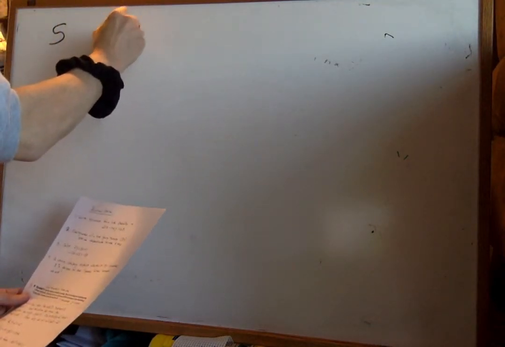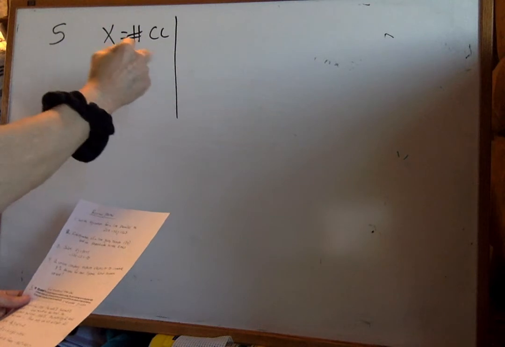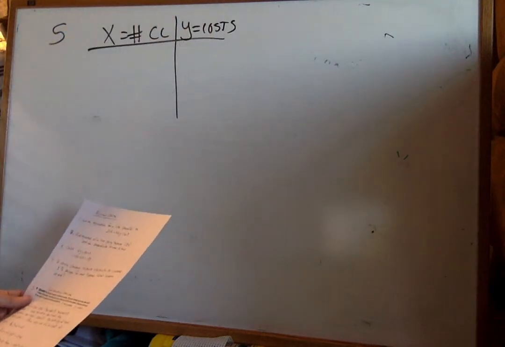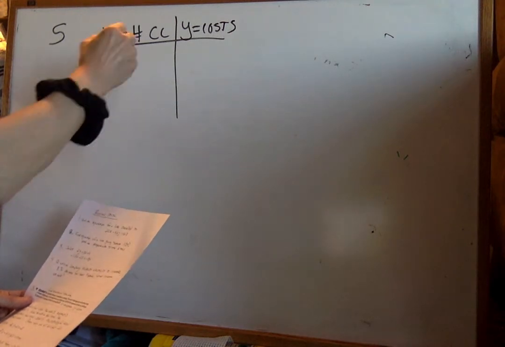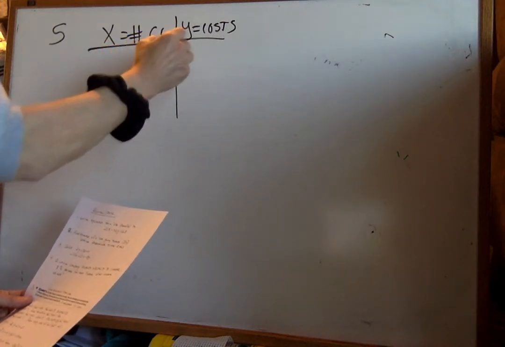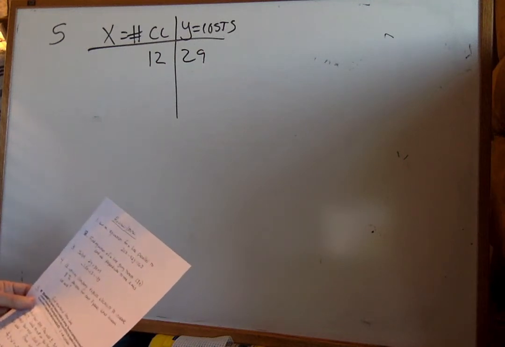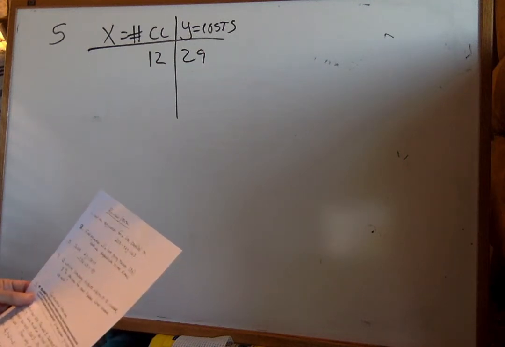X is the number of cupcakes, and Y is how much it's costing me. So I was fine with, hey, I ordered 12 cupcakes, it cost me $29. I'm going to be honest, the first time I read this, I missed the obvious.